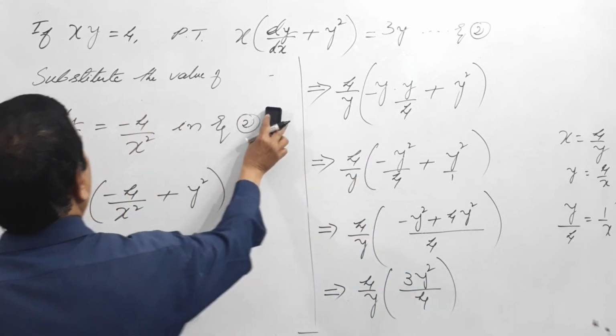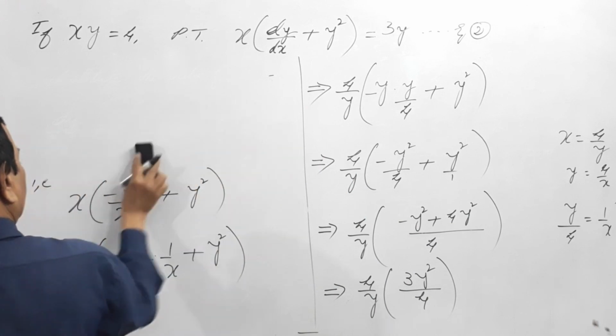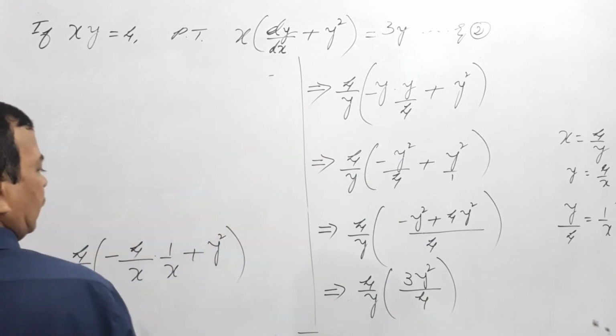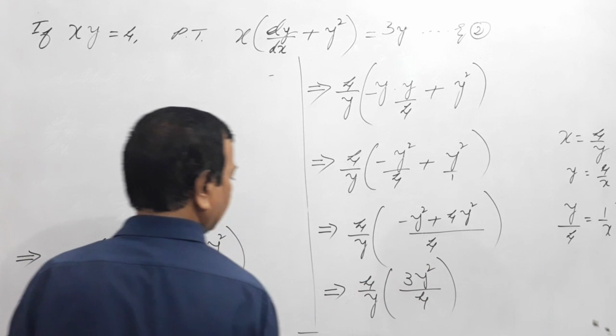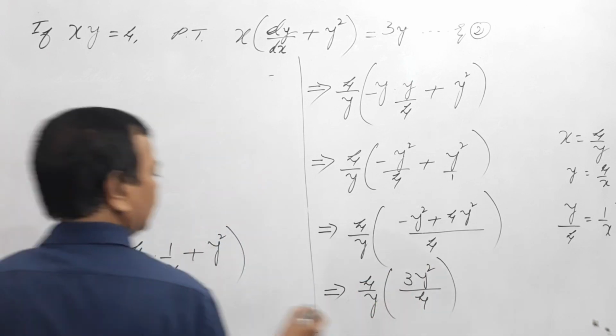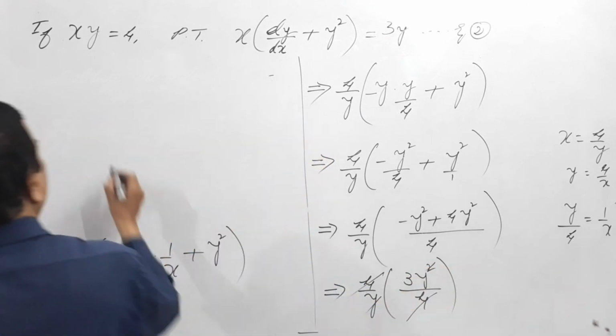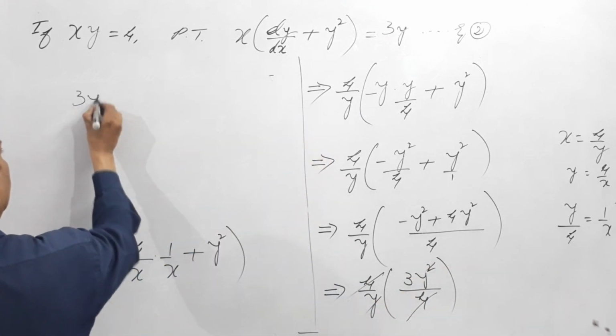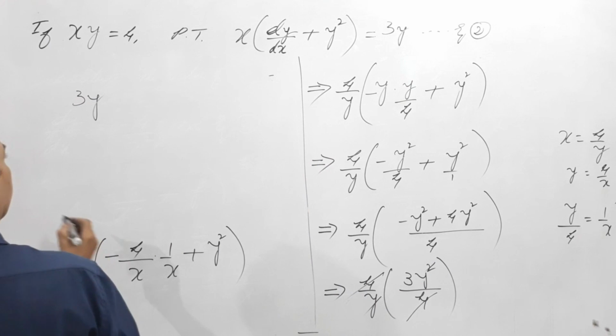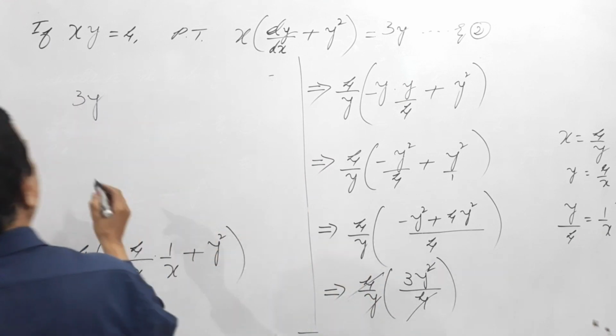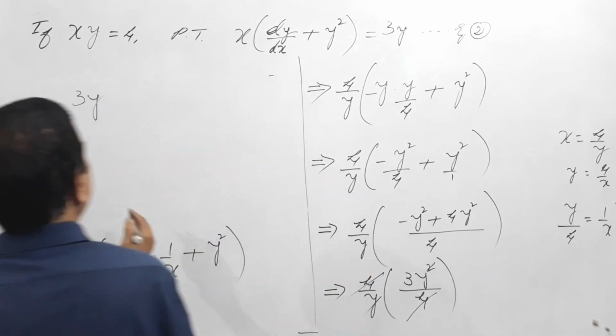I'll write it here. So here this y cancels and this 4 and 4 cancel. So 4 and 4 cancel and y cancels. We are left with 3y. What is this 3y? It is nothing but this.